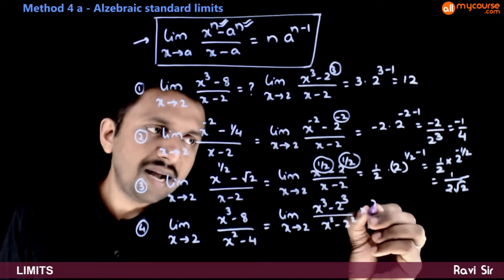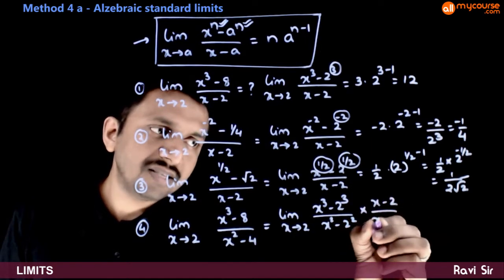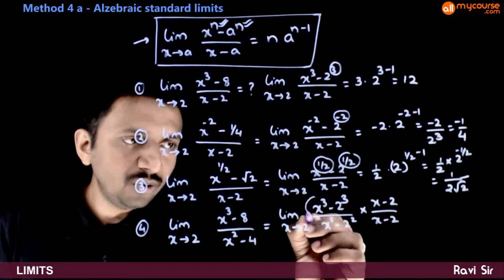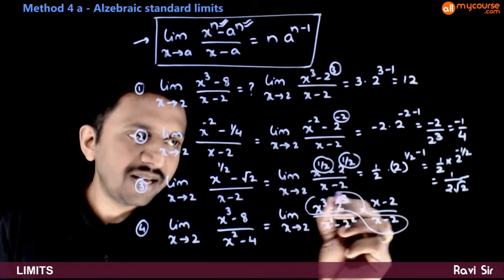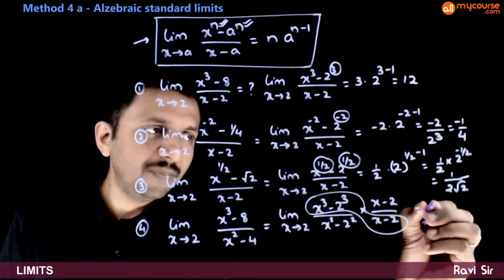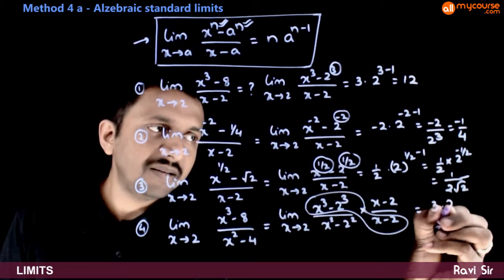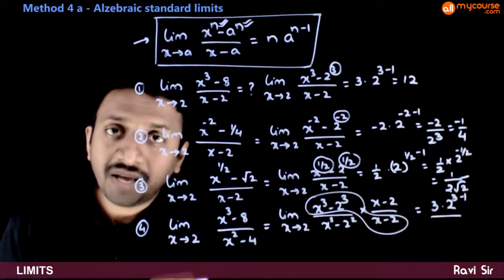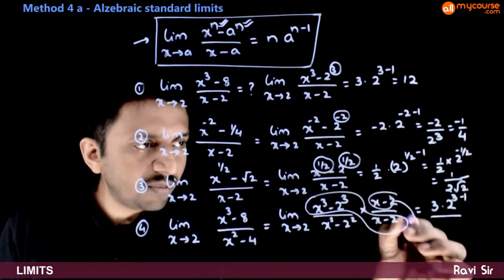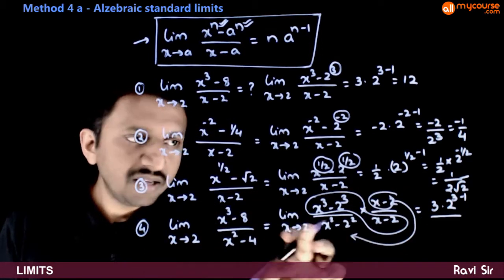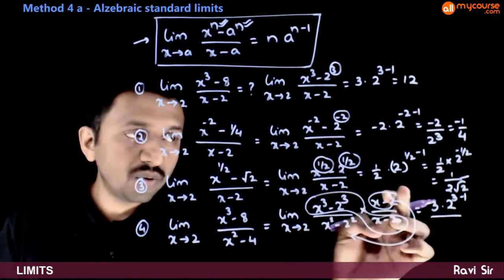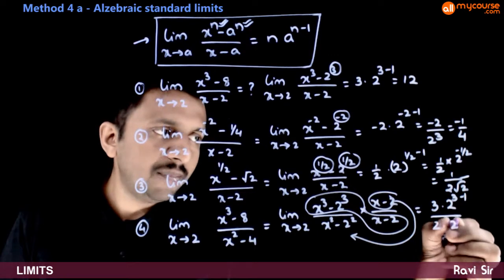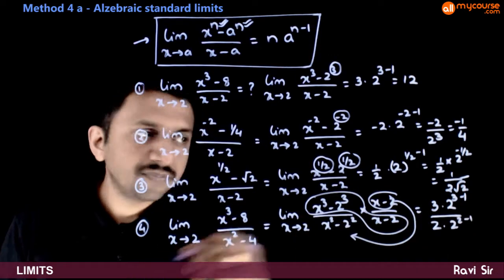I'll multiply and divide this with x minus 2. So (x cube minus 2 cube) by (x minus 2) becomes 3 times 2 power 3 minus 1, divided by (x square minus 2 square) by (x minus 2), which is n into a power n minus 1.